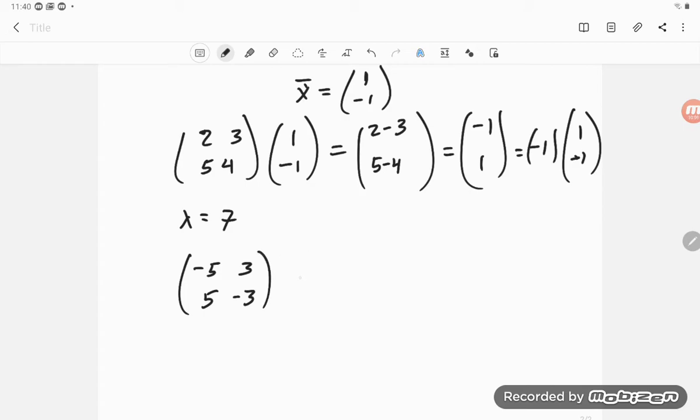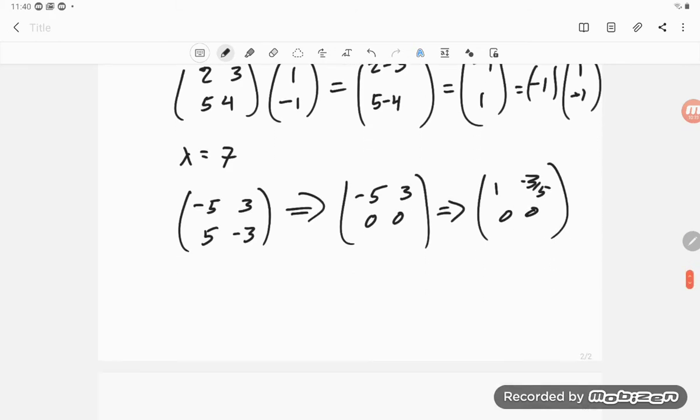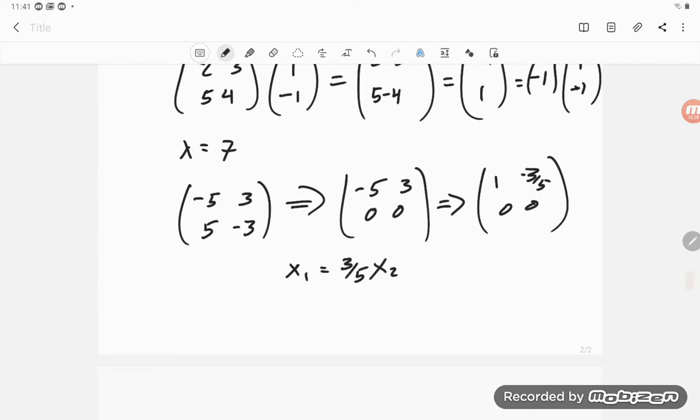And so again, if I do a reduced row echelon form, well, certainly I get a -5 and a 3 and a 0, 0, and then divide through by the -5, and I have a 1, -3/5, 0, 0. And so here is saying x1 equals 3/5 x2.